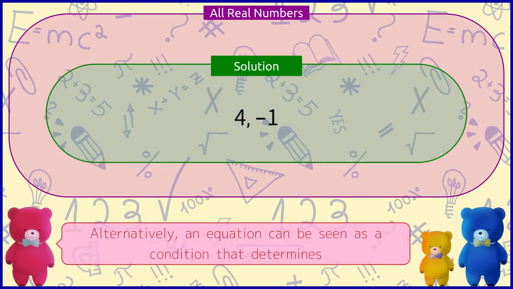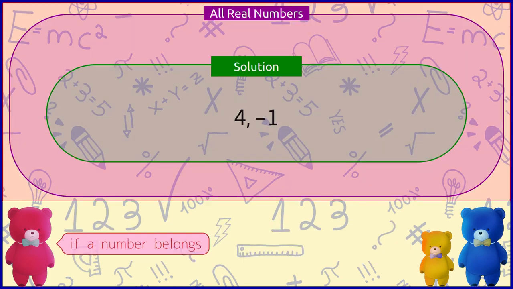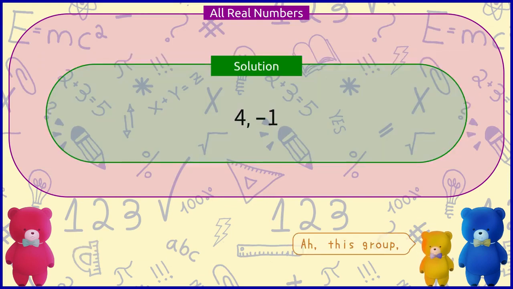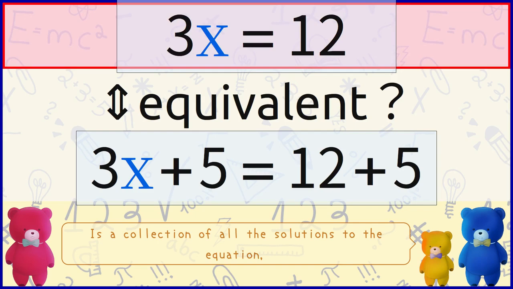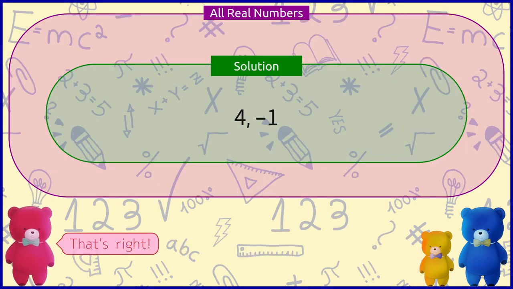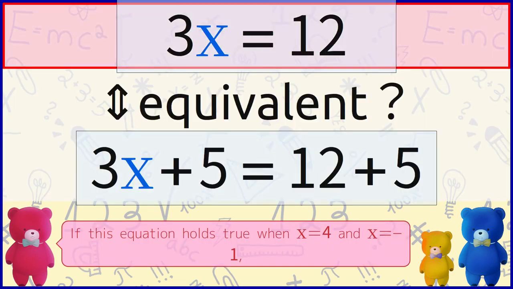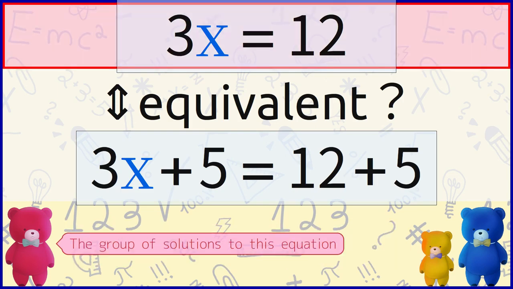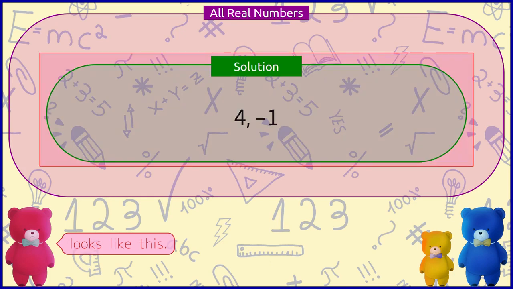Alternatively, an equation can be seen as a condition that determines if a number belongs to this group. Oh, this group is a collection of all the solutions to the equation. So the equation holding true with the value of x is the same as the value being a member of this group. That's right. So, if this equation holds true when x equals 4 and x equals -1, the group of solutions to this equation looks like this.